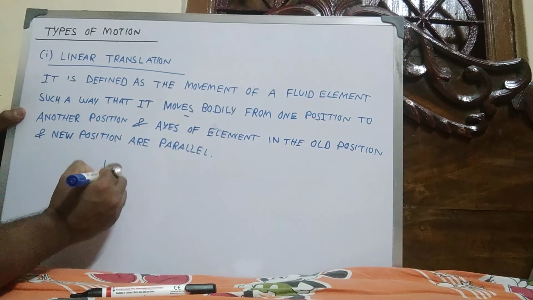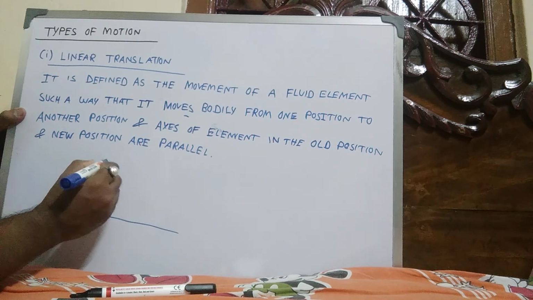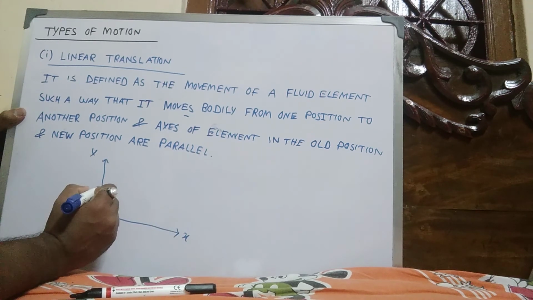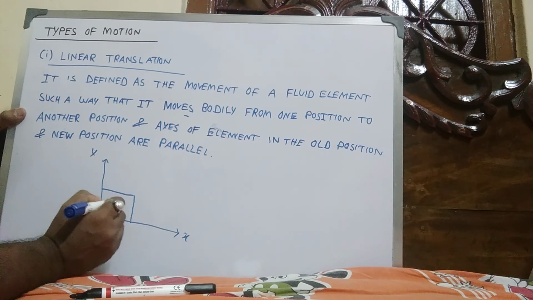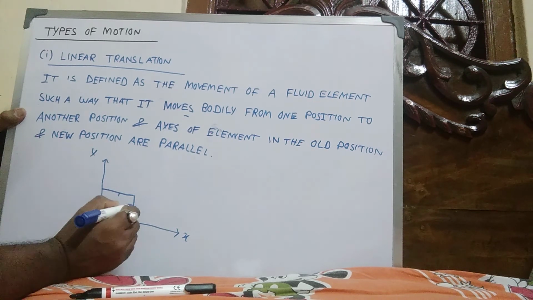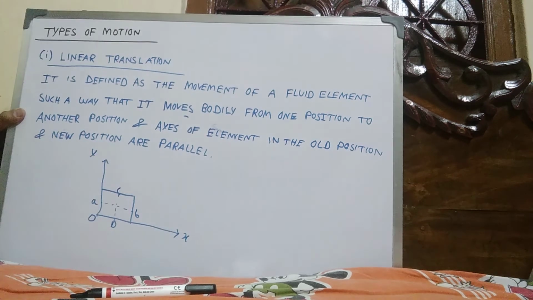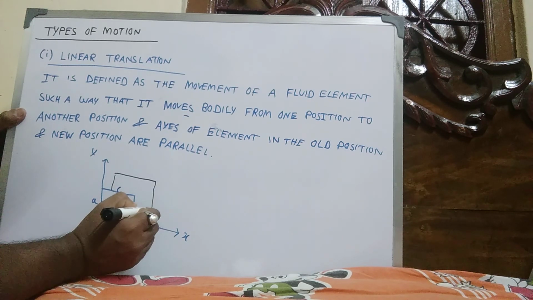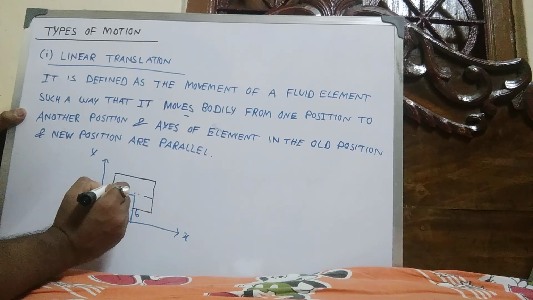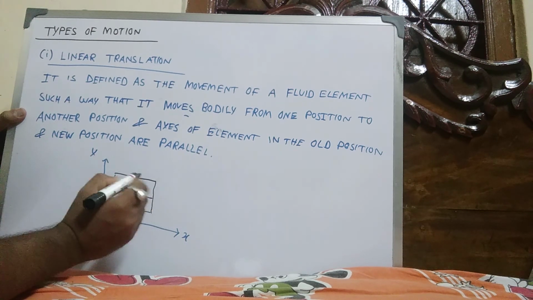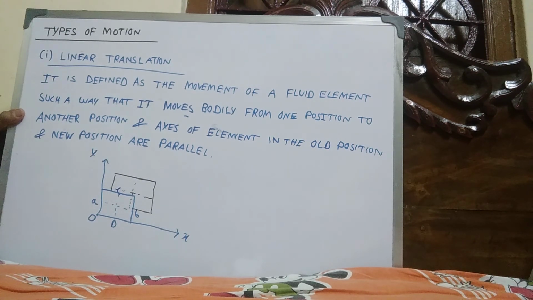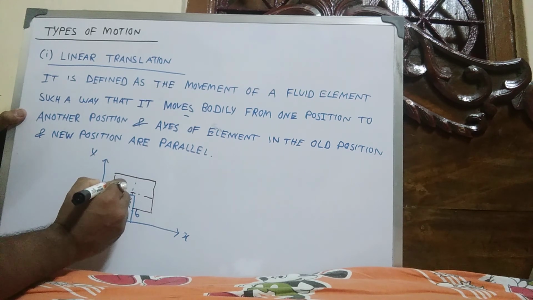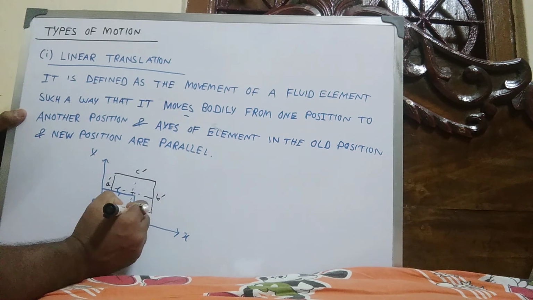It means, suppose this is the xy plane. Suppose this is a body, with axes A B C D. This is the old position of the fluid element, and it moves bodily from one position to another position, A dash, B dash, C dash, D dash.